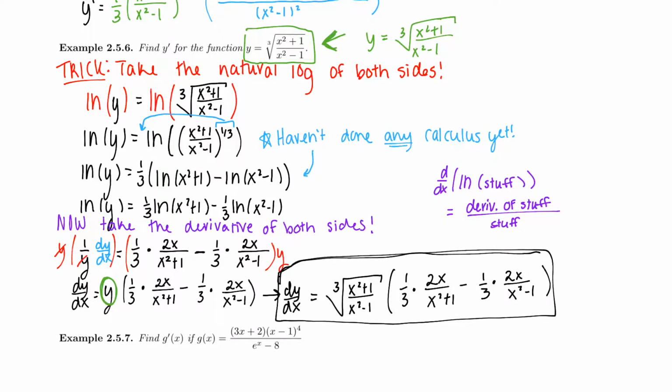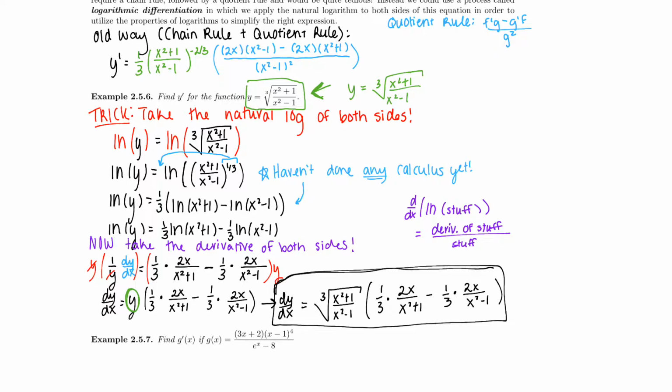You might say to me, Miss Cook, this looks a lot longer than what this took. And maybe in this case, it is a tiny bit longer. First of all, you can get really fast at this part right here. I would argue there's a lot more you can forget in here.